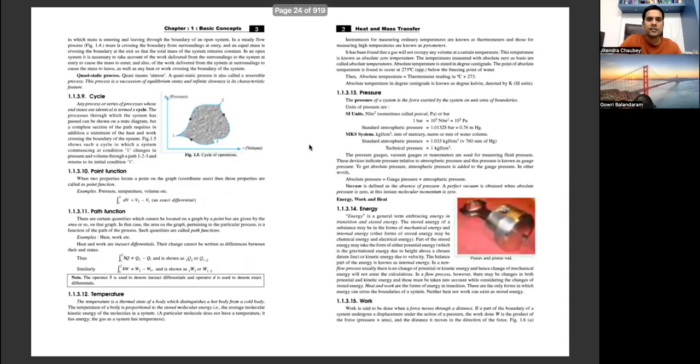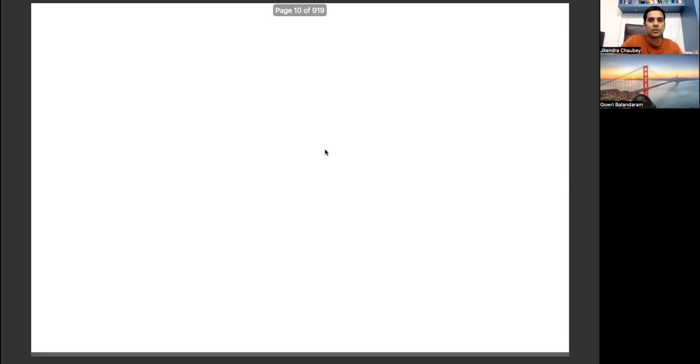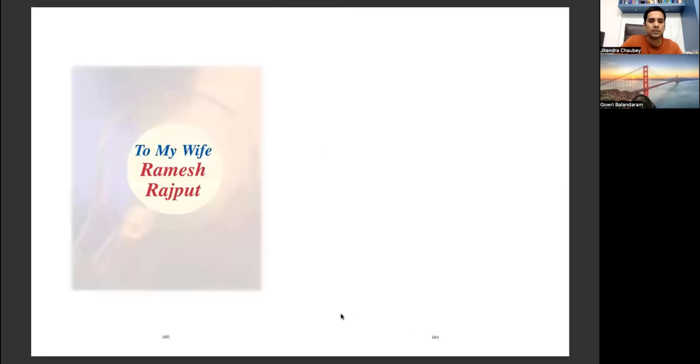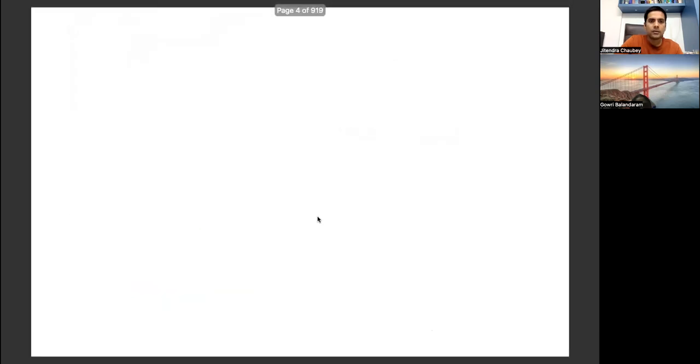See, this is one book. It is a huge book of 1,000 pages, written by R.K. Rajput. So I will just go through the syllabus if possible.